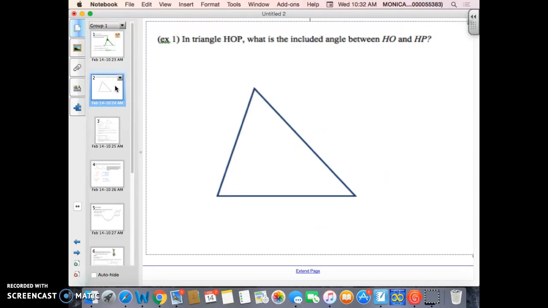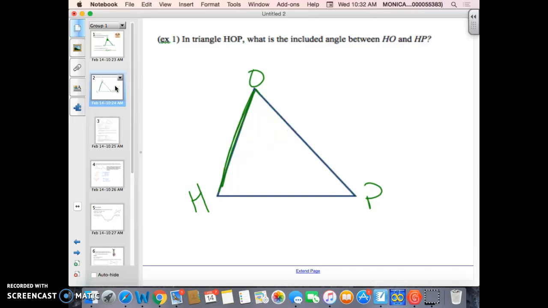So let's go ahead and label this triangle HOP. And it says in triangle HOP, what is the included angle between HO, so that would be this side right here, and HP, which is, oh, I'm sorry, that's OP. Ignore that. You want to do this side here, HO and HP, which is right here.